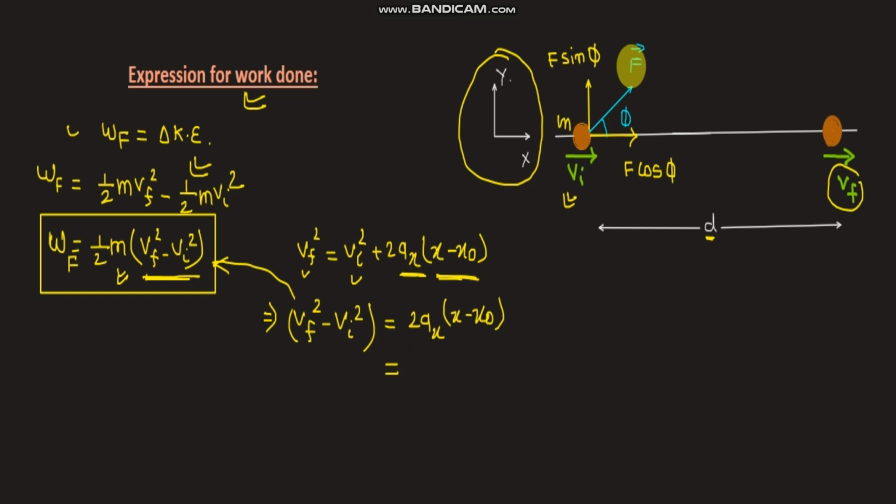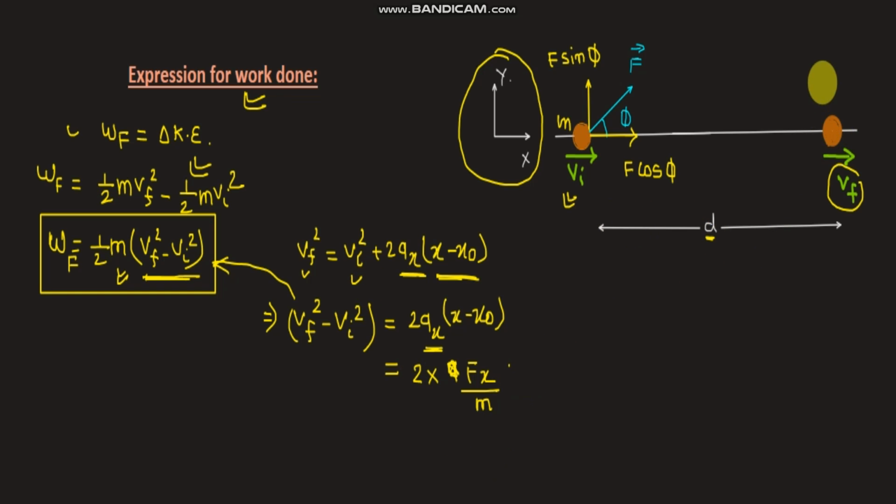Since the force is acting on the spherical ball at an angle phi with the horizontal, acceleration in x direction will be equal to force in x direction divided by mass. And x minus x naught has been given as d.